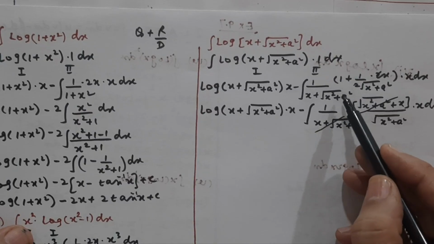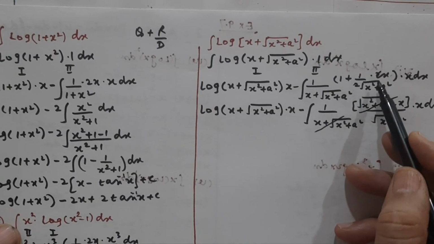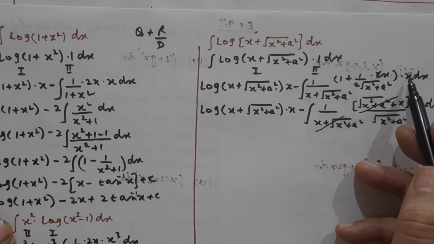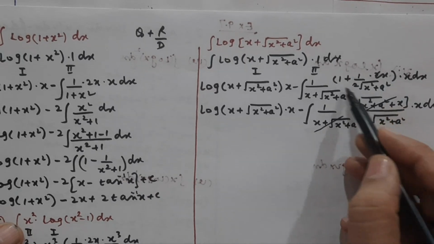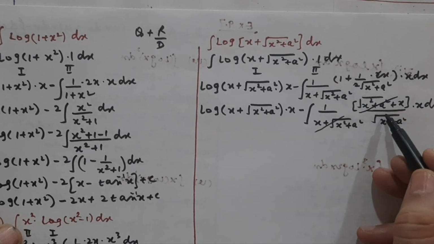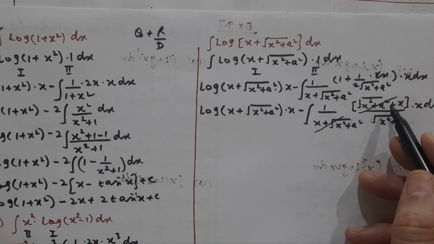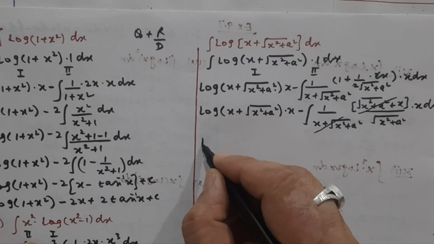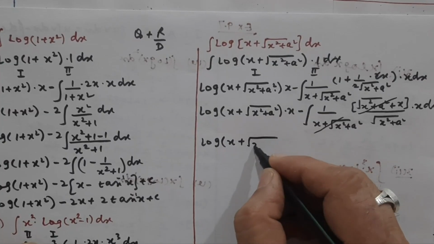Derivative of x is 1 and derivative of under root x square plus a square is 1 upon 2 under root x square plus a square into 2x, into integral of second function x. Now we take LCM of the bracket. After taking LCM, this factor gets cancelled with this. So we are getting like this.